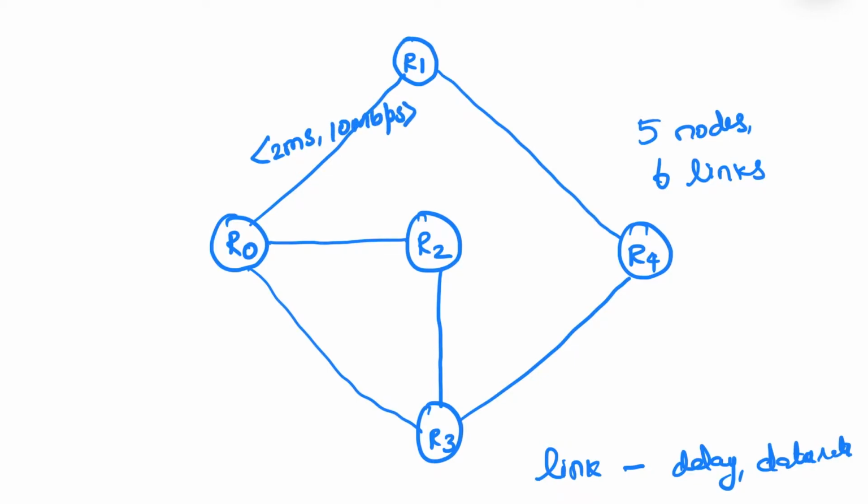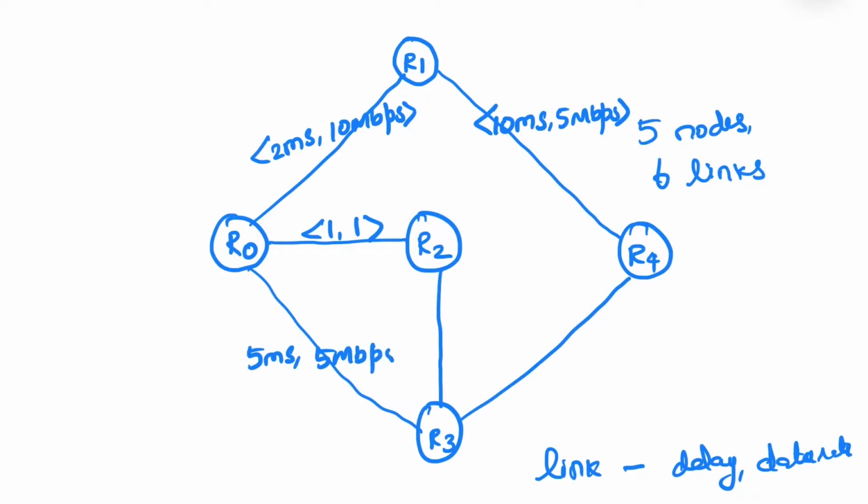So 2 millisecond delay and 10 Mbps data rate between node R0 and R1. Between R1 and R4, I can have 10 milliseconds and 5 Mbps. Here it is 1 comma 1, which means 1 millisecond and 1 Mbps. Then 5 milliseconds again here with, let's say, 5 Mbps.